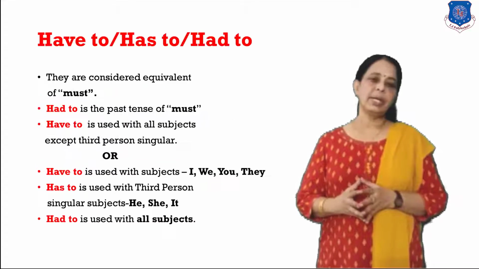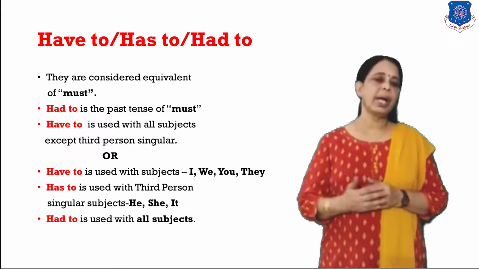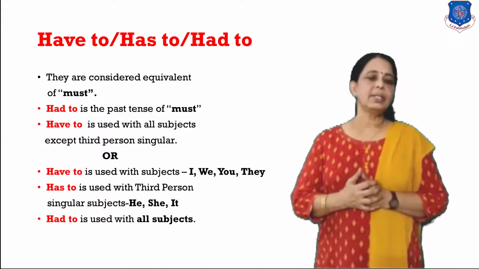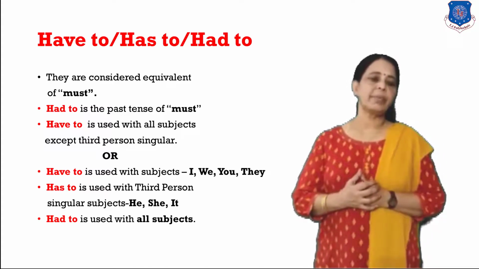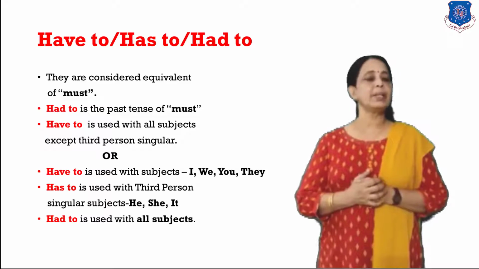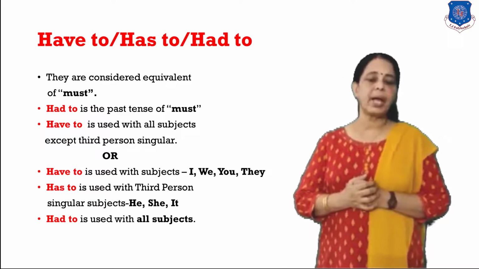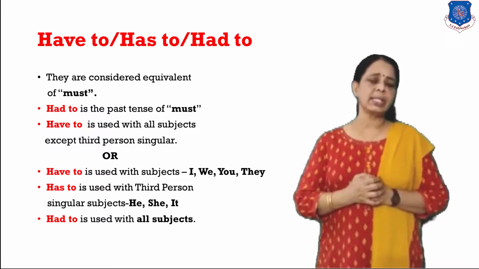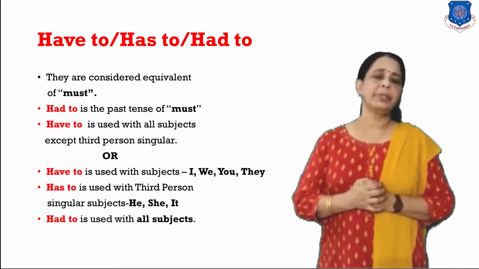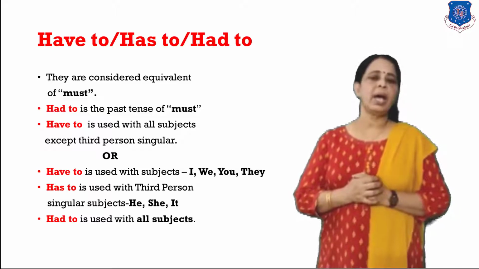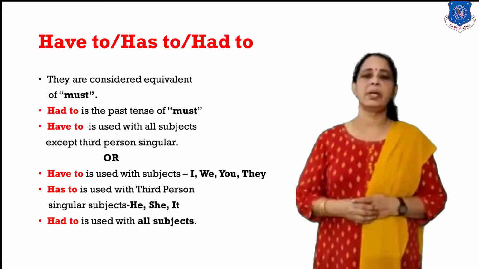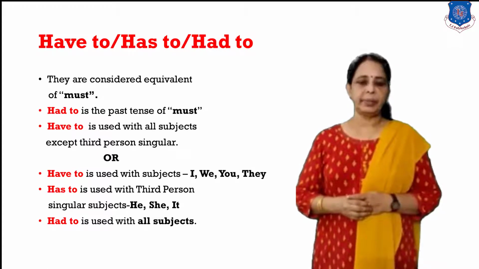Now we will see another set, have to, has to or had to. They are considered equivalent to must. Had to is the past form of must. Have to is used with all subjects except third person singular.